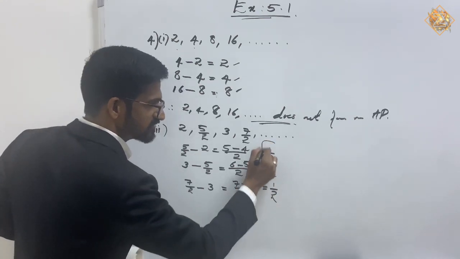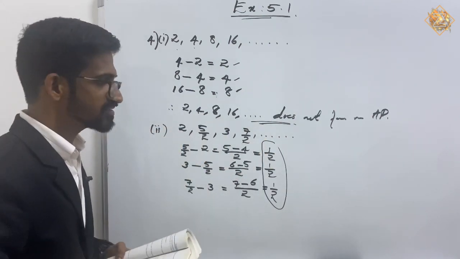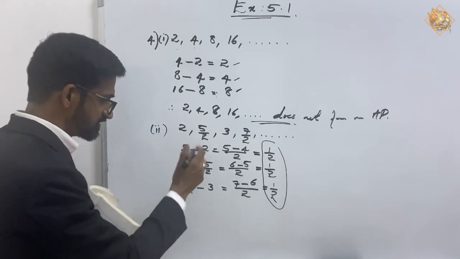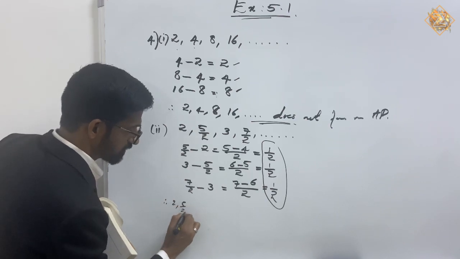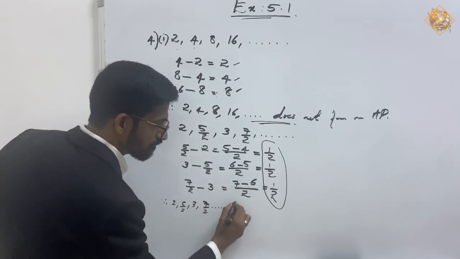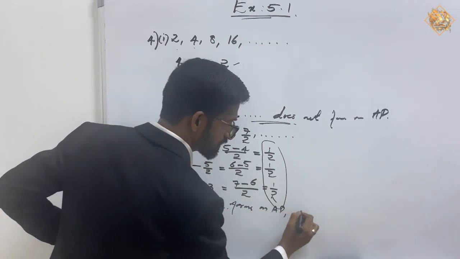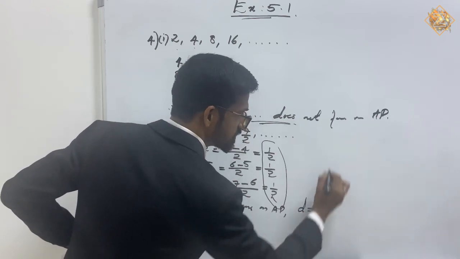So when we look at these numbers, the difference between each successive, consecutive term, we are getting a fixed number as the common difference. So we can say that this list of numbers, 2, 5/2, 3, 7/2, etc., forms an AP with the common difference d equal to 1/2, isn't it, students?